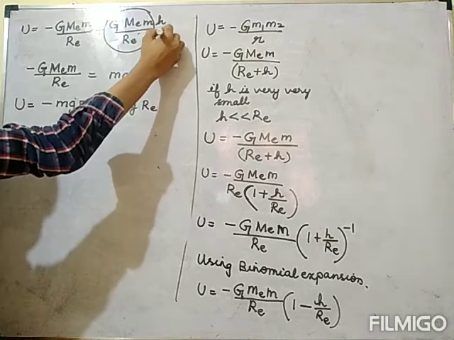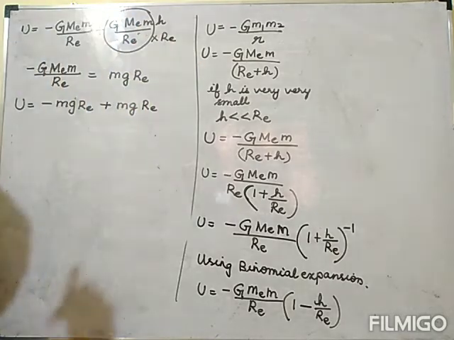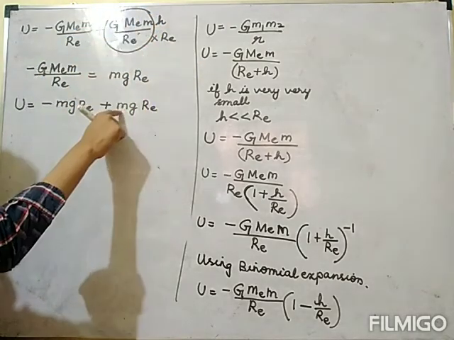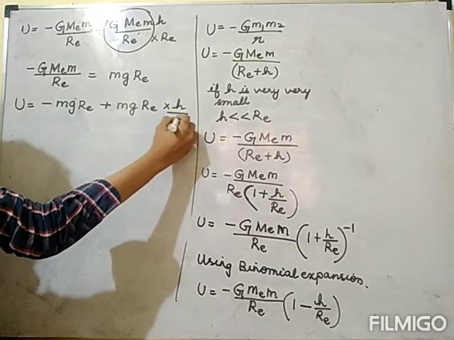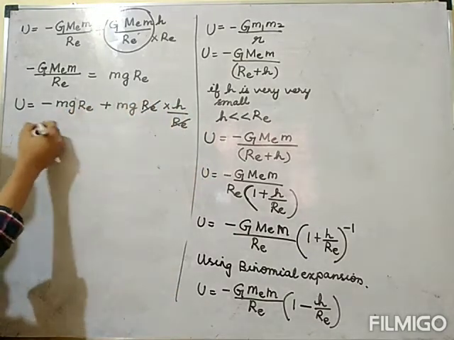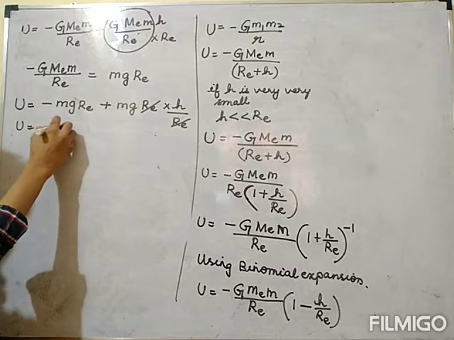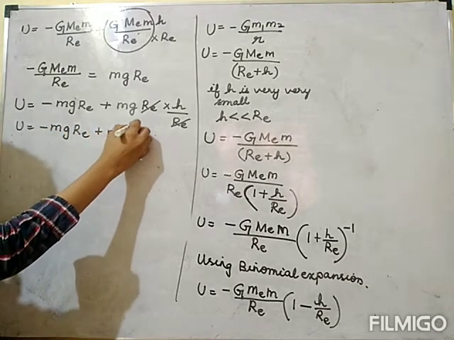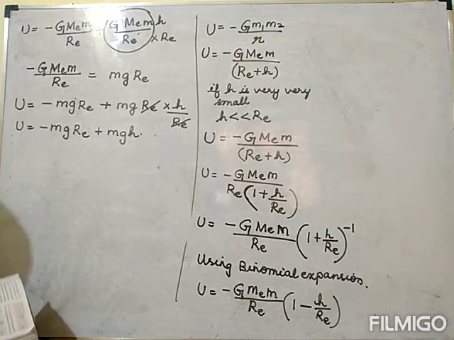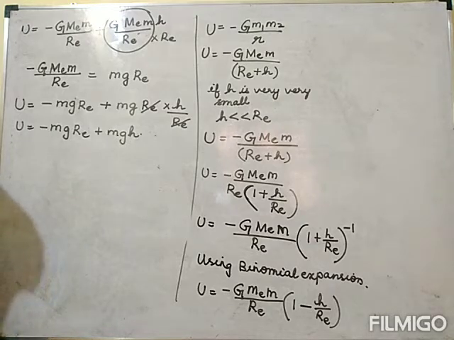Re into Re. So instead of this I will be writing mg Re into H by Re. Re will get cancelled. So I will get minus mg Re plus mg H. Okay, understood?